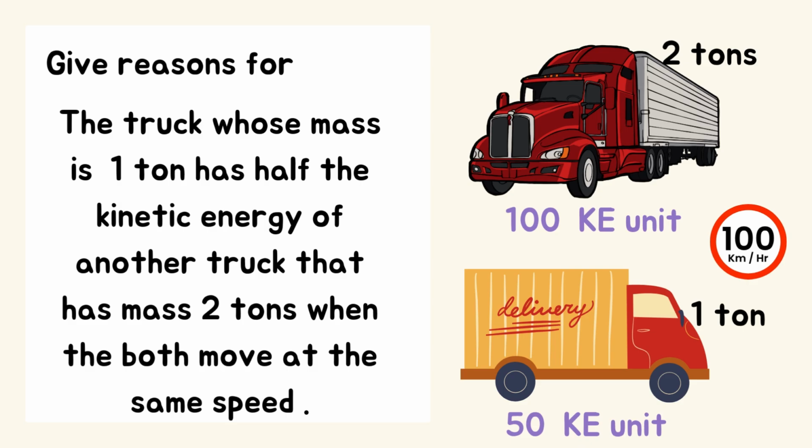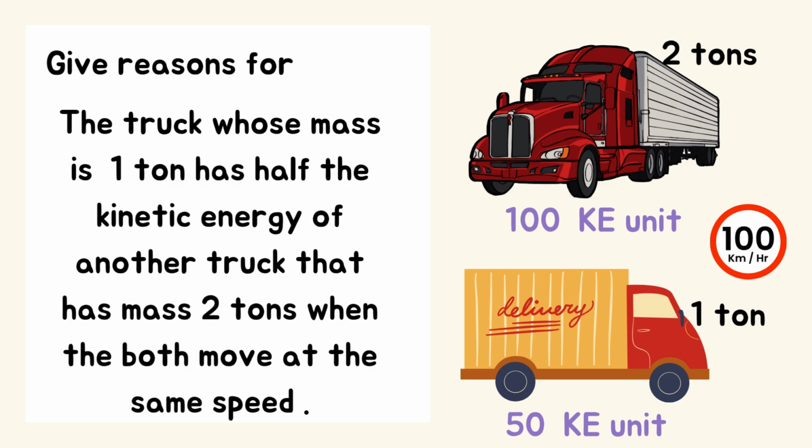Here we have a question: give reasons for. We have two trucks here. One of them has a mass of 2 tons and the other 1 ton, and they move with the same speed.